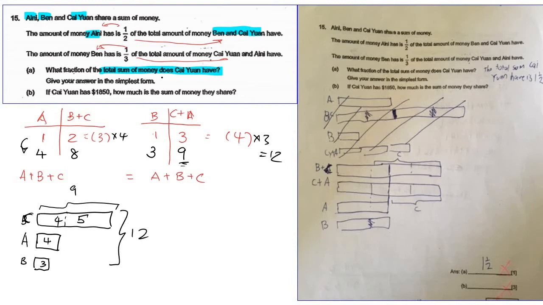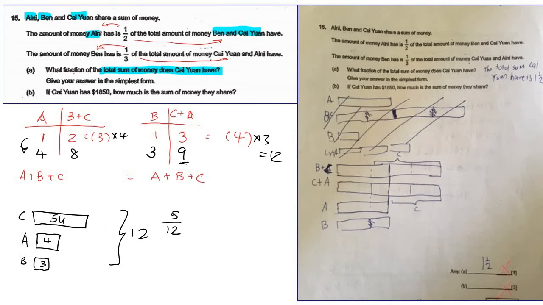So what is the fraction of the total sum of money Cai Ying has? So it's 5 over 12. Because Cai Ying here is 5. Oh, sorry. I hope that you understand it. I should label it in this way. Cai Ying here is actually 5 over 12.